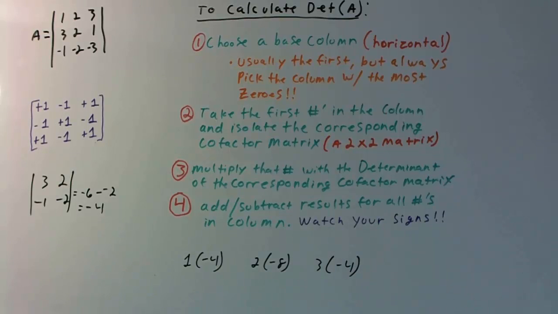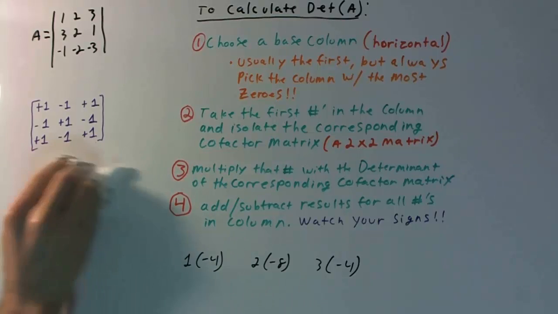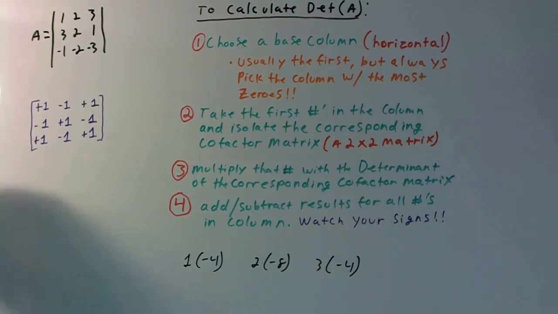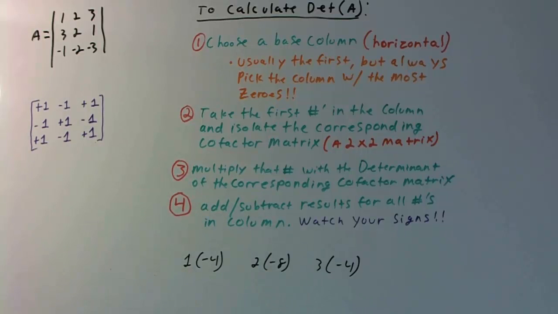Now, this is the confusing part. Now we have to add these together. Considering the fact that we used the first column, the first number is going to be positive, based on this little matrix here. I guess I should write this in purple.